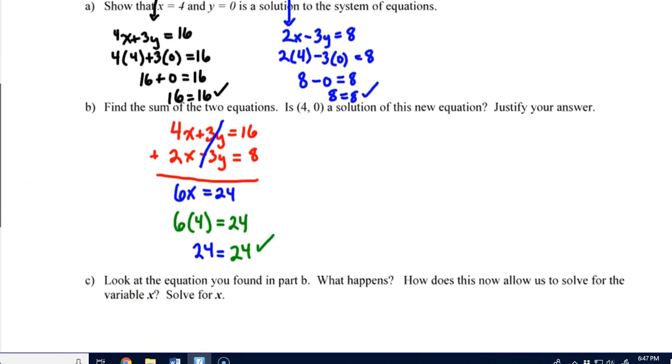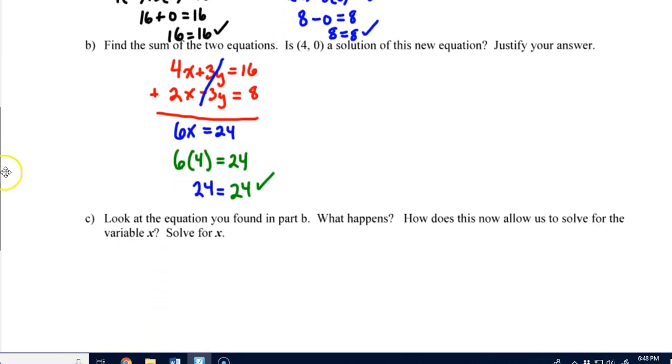All right, so now the next part says, look at this equation we found in part B. This equation right here, identify it. That's the one we created by adding the two equations. What happens? How does it allow us to solve for the variable x? What I might say is something like, the y variable is eliminated.